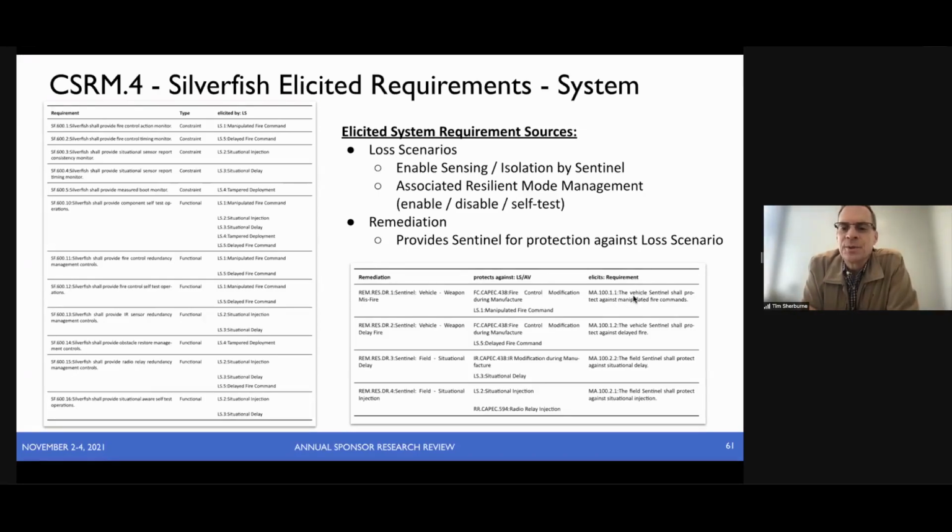So what specifically is the Sentinel required to protect against? So high-level requirements there that relate to each loss scenario. The mission aware and the Sentinels are a type of system, and we need to define the requirements for what the Sentinels are supposed to be doing.